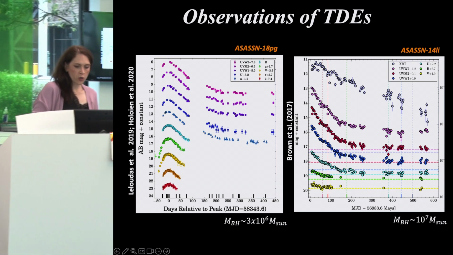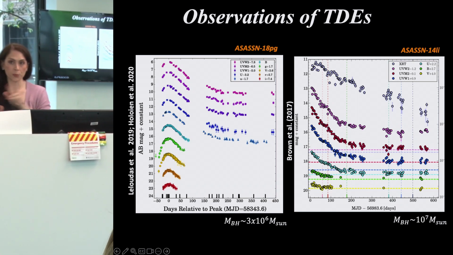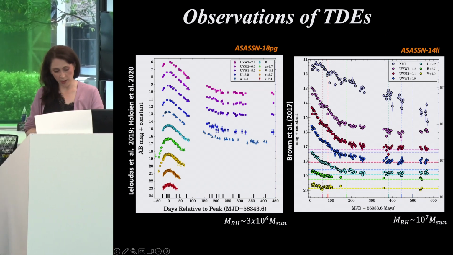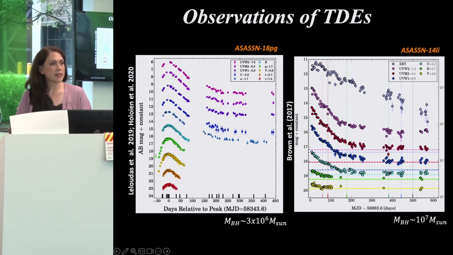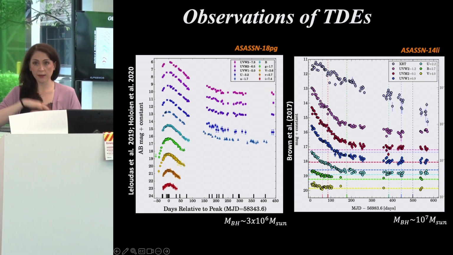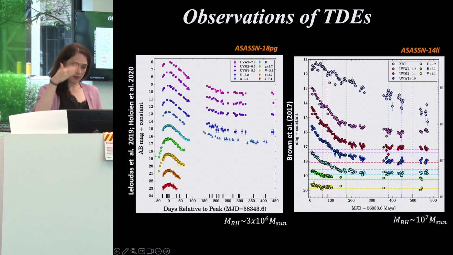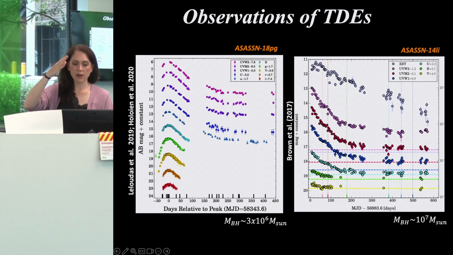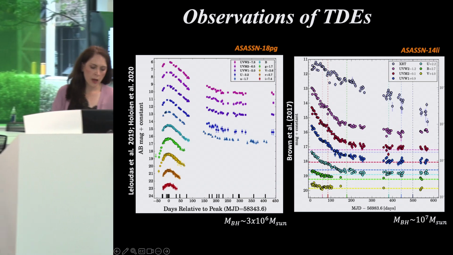And so here, for example, is some observational data of two tidal disruption events, ASASSN-18pg and ASASSN-14li. Essentially what we see, at least for ASASSN-18pg, is a rise to peak, and then a decay from peak brightness. This is consistent with what we expect from the t^(-5/3).